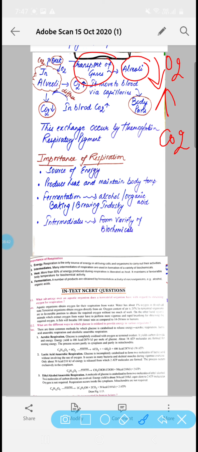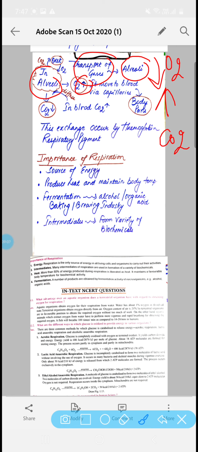It is the alveoli, which is present inside the lung. So if we talk about the alveoli, in alveoli the amount of oxygen is high. How is the amount of oxygen high? Because it is taking the oxygen from the atmospheric air. In atmospheric air, we know that the composition of oxygen is quite high.